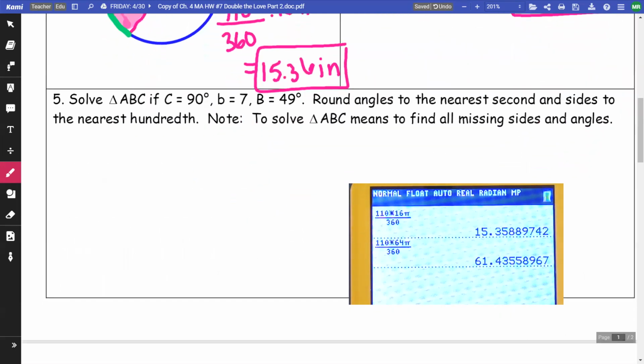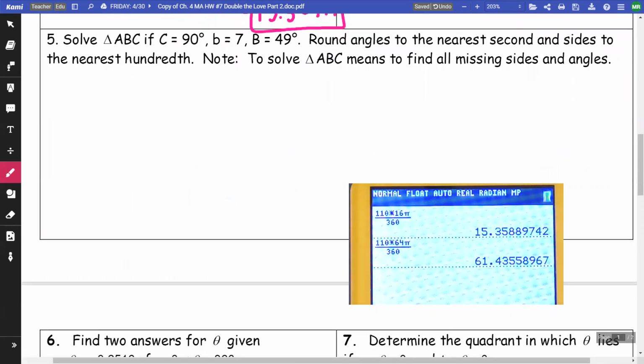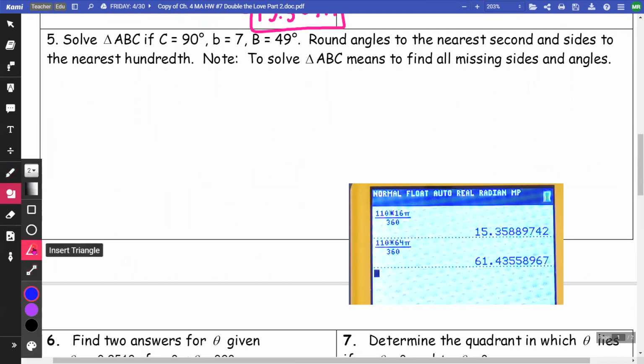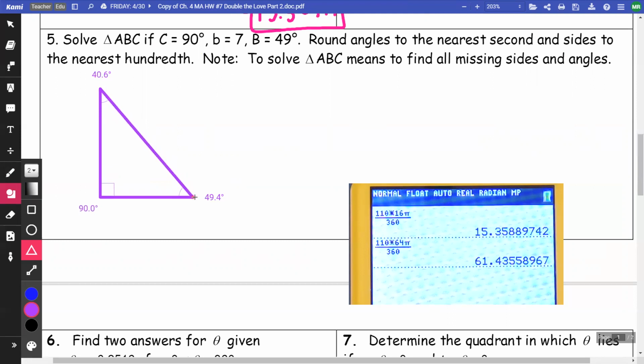So let's take a look at number 5. On number 5, we have a triangle that has a 90-degree angle. So let me just put a triangle down here. And a 49-degree angle, which I can actually measure here, but close enough.